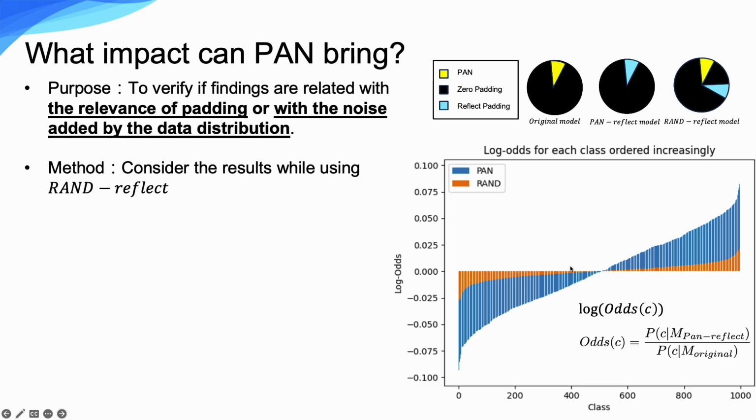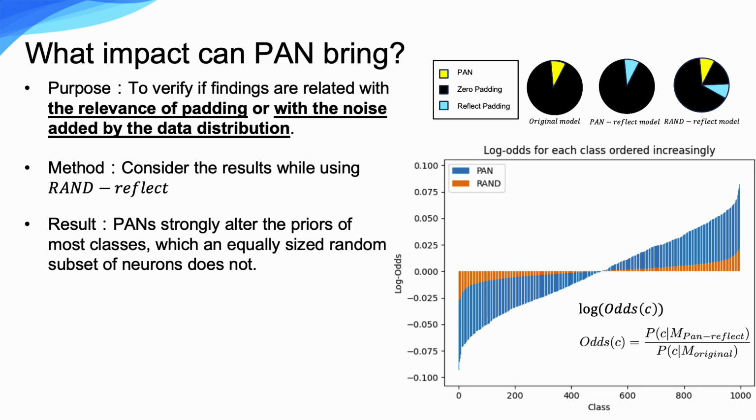You can see that the effect of the PANs has a greater impact than random, indicating that the PANs are the key to influencing the class prior. They then find that PANs strongly alter the prior of most classes, which an equally sized random subset of neurons does not.